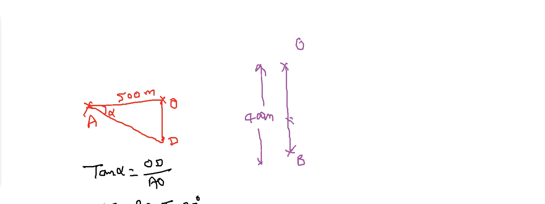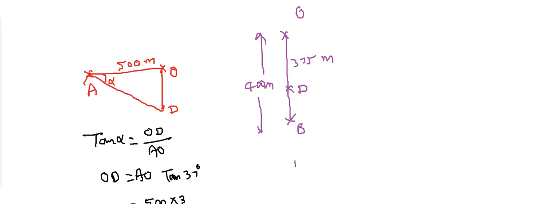But there is a point D. Just now we calculated O to D as 375. So automatically BD becomes equal to 400 minus 375, nothing but 25 meters.